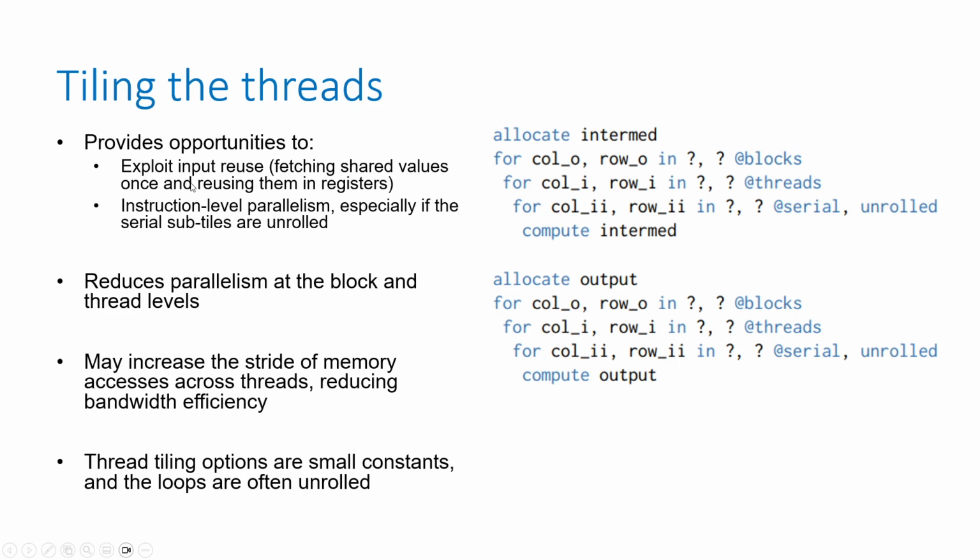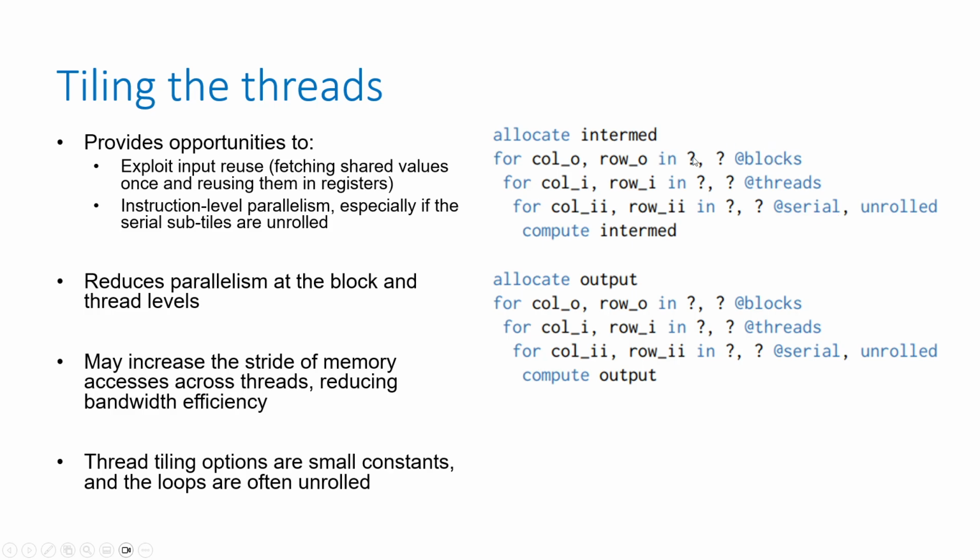So this is going to increase input reuse. Also, it's going to increase SIMD, instruction level parallelism, especially if we unroll. Unrolling and vectorization go hand in hand. But it reduces the parallelism at the block level.